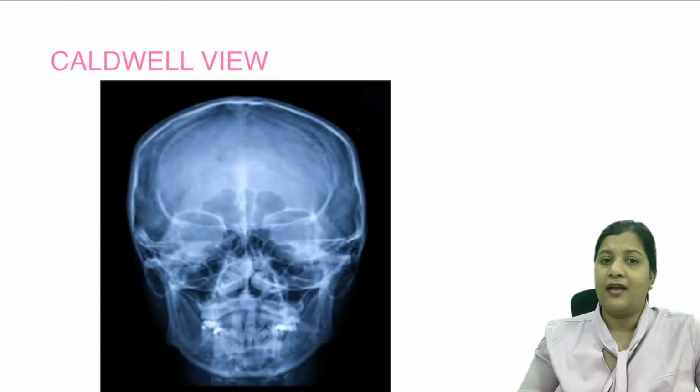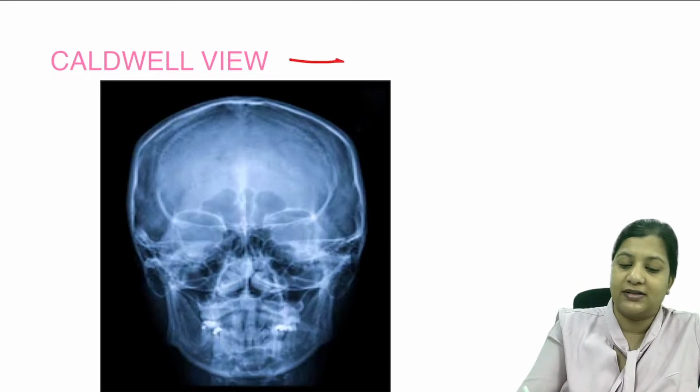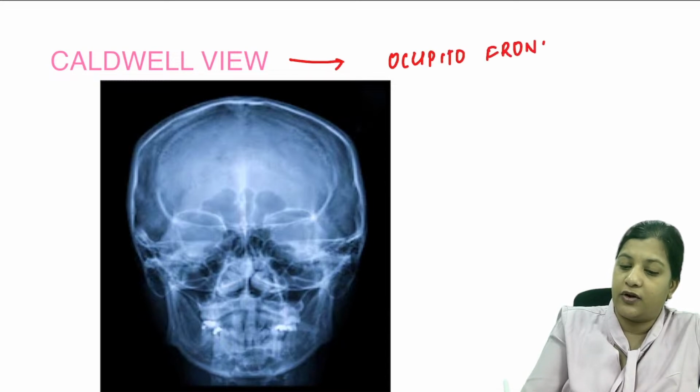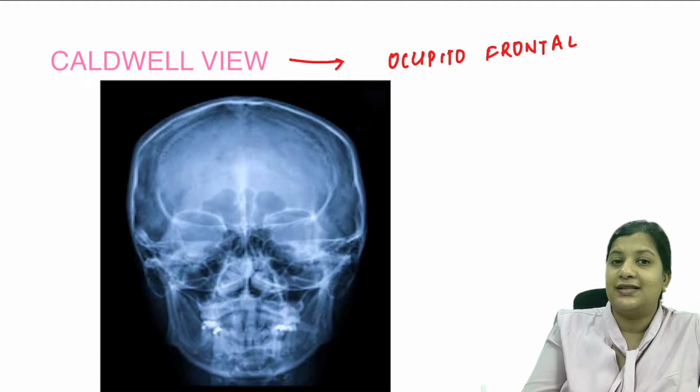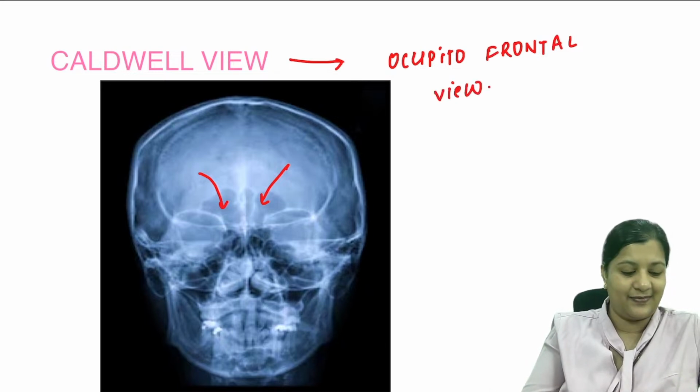What you see in the cheek will be your maxillary. Simple. Now look at this X-ray and see, is the chin up or is the chin down? What do you call this view? Very simple. It is called your occipitofrontal view, and this occipitofrontal view is for which sinus?